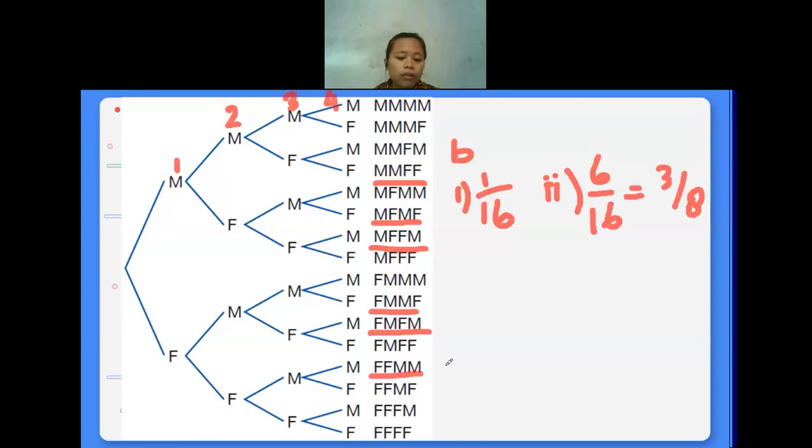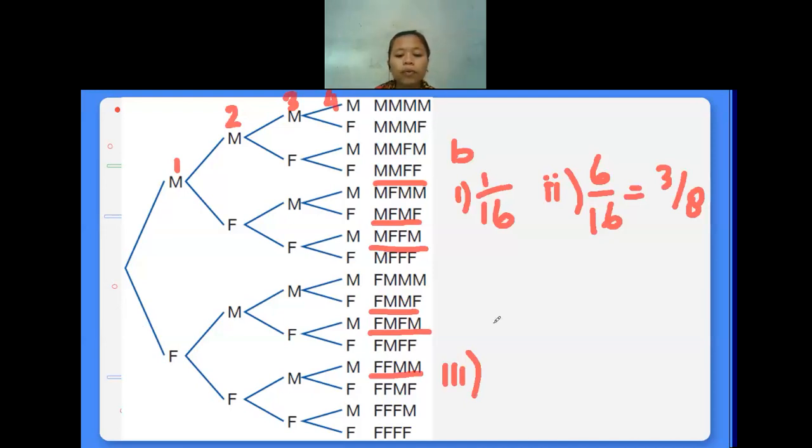Okay, question 3 is asking about at least one female. At least one female. So the number of females can be 1, 2, 3, or 4, because it says at least. So how many are they? 15.